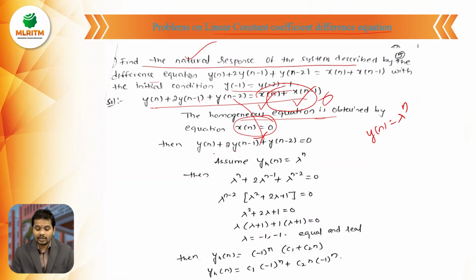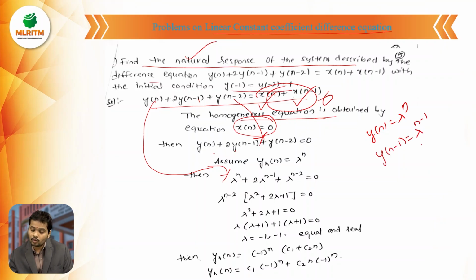If you substitute here, y of n is nothing but lambda power n, plus 2 into lambda power n minus 1, because y of n is lambda power n, so y of n minus 1 is lambda power n minus 1, and y of n minus 2 is lambda power n minus 2. This equals 0. Taking lambda power n minus 2 common, what is the remaining sum?